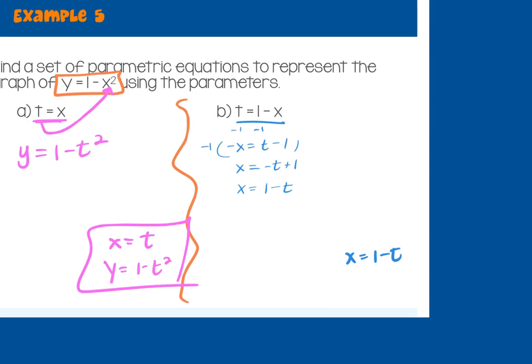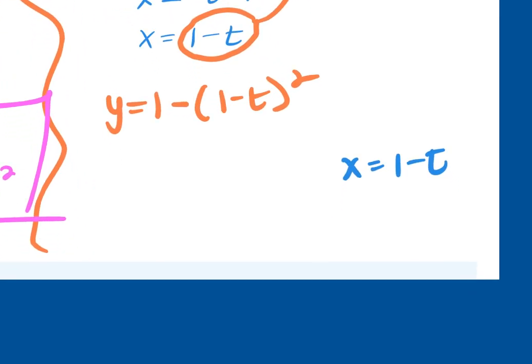Now I'm going to take what x equals, and put it in place of the x in my other rectangular equation. So y equals 1 minus (1 minus t) squared. And then I'm going to simplify that. I'm going to expand out the (1 minus t) squared. I get 1 minus, if I use the shortcut here, square the first term, square the last term, and then double the product. So negative t times 2 is minus 2t.